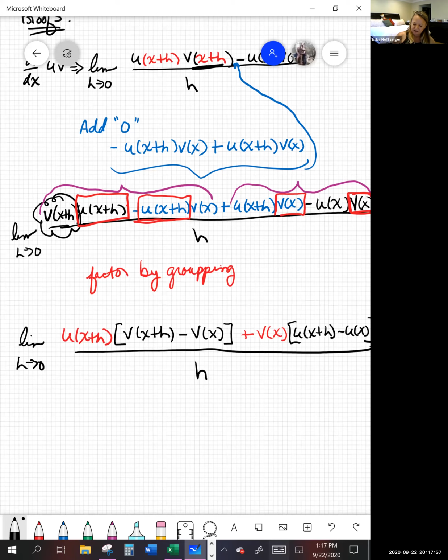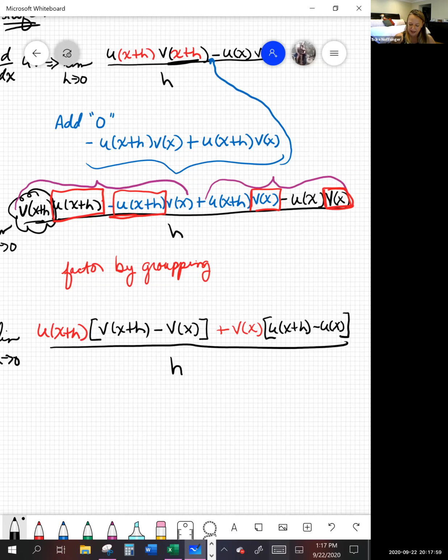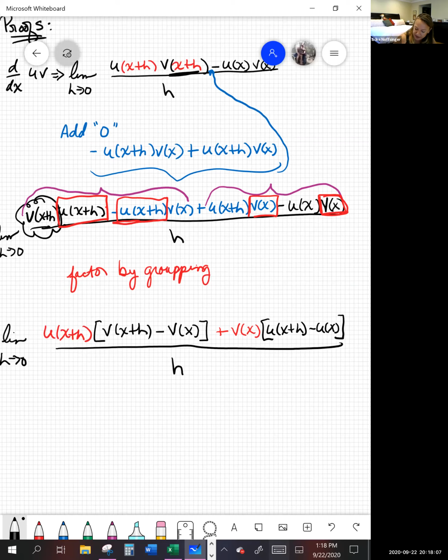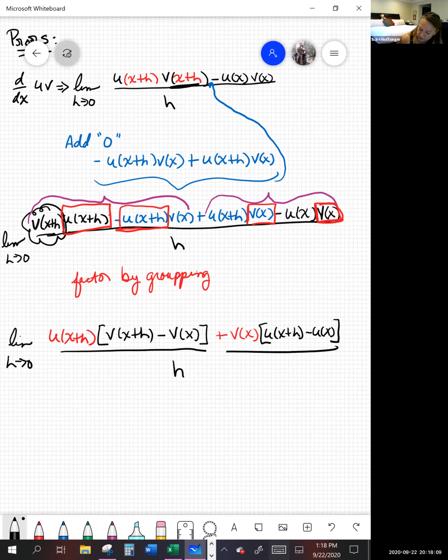Doesn't this kind of look familiar, what's in black? And if this is all over h, we can rewrite this as two separate fractions, because it's a single term, we could just write this one over h and this one over h.